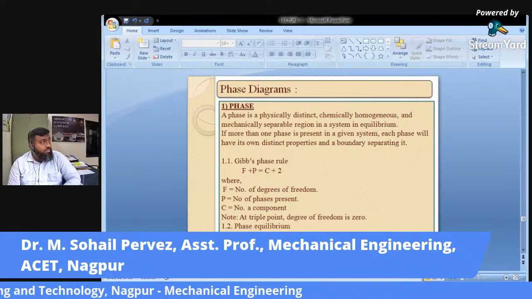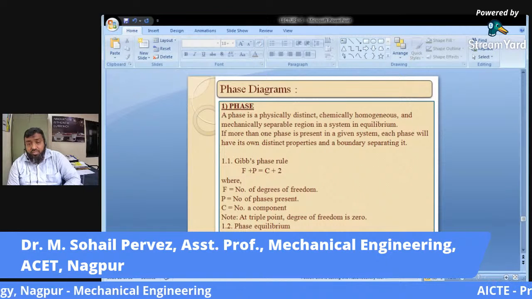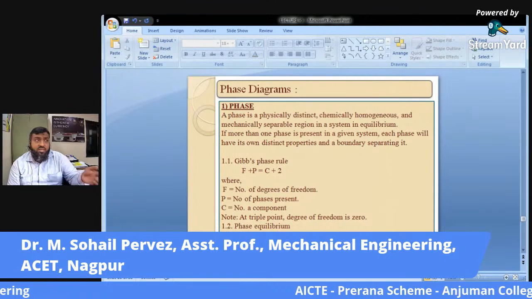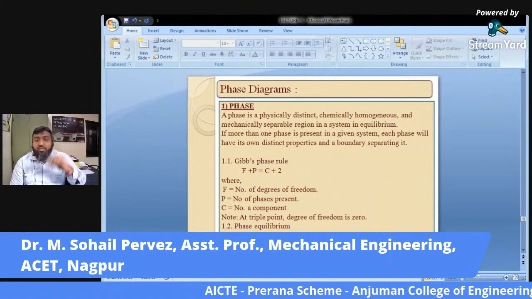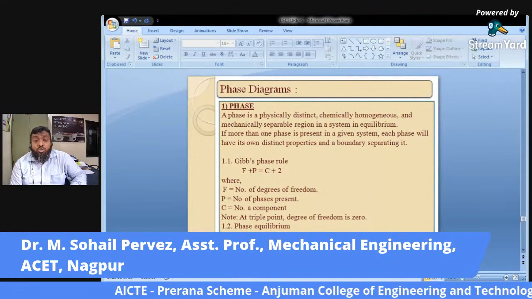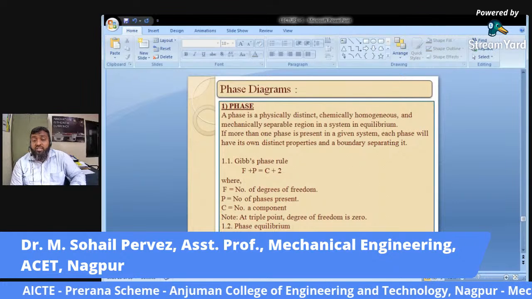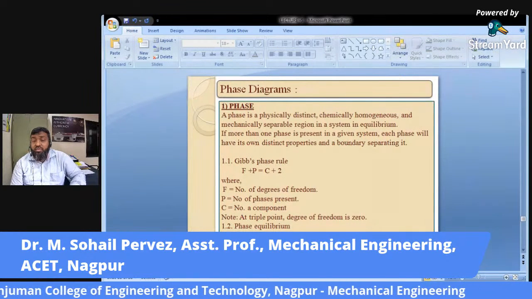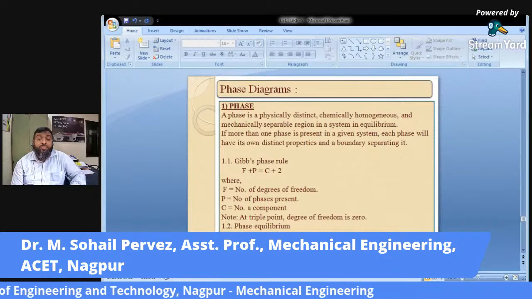Based on this basic definition, we will continue tomorrow, because after this we'll have iron, carbon and the different structures. Phase equilibrium is related to consistency in the physical and chemical characteristics of a phase with respect to time.